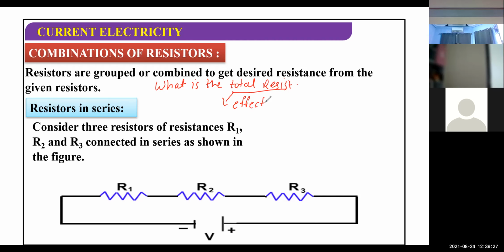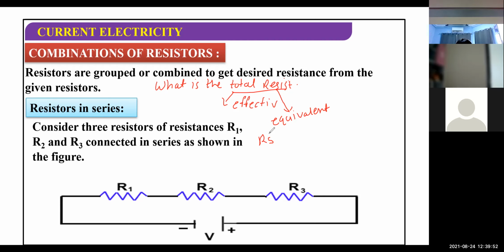Note it down, children. Equivalent resistance is also used, E-Q-U-I-V-A-L-E-N-T. So these are the three different words used, or simply RS. RS means the total resistance in series combination.